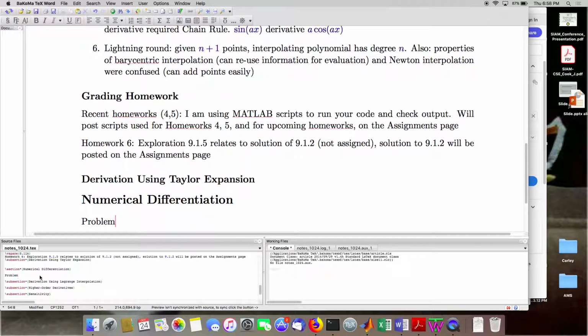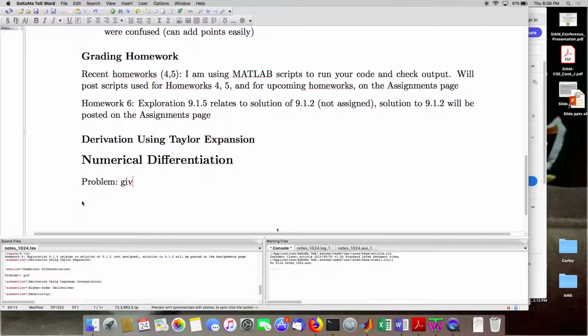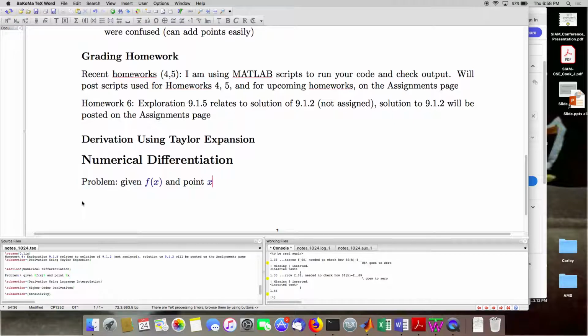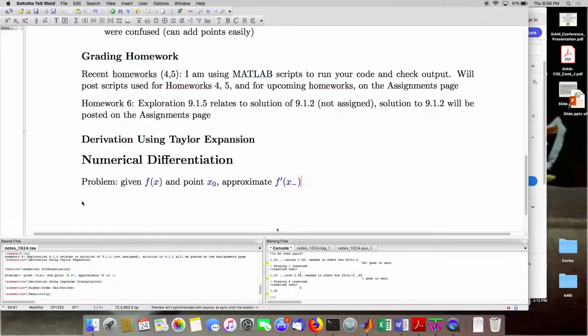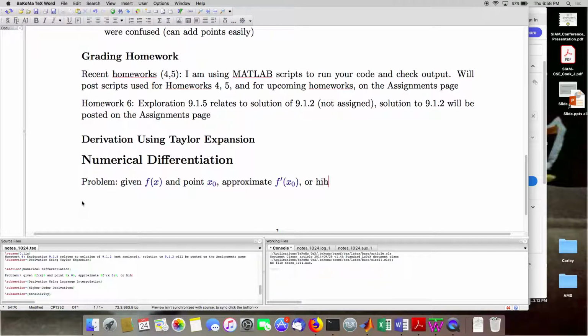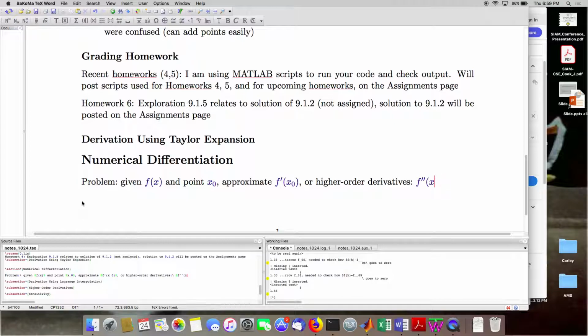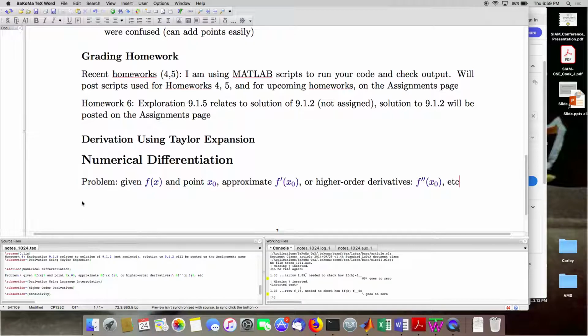The problem to consider in this case is: given a function f of x and a point x naught, approximate f prime at x naught, or higher order derivatives, so f double prime at x naught, and so on. I'll be spending most of the time on the first derivative, but the ideas readily carry over to higher order derivatives.